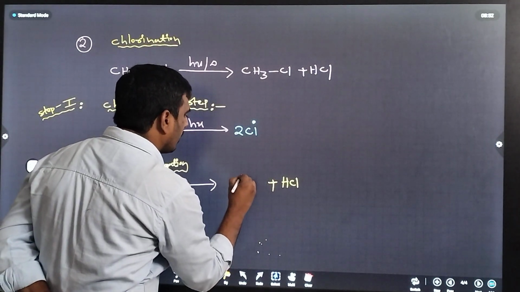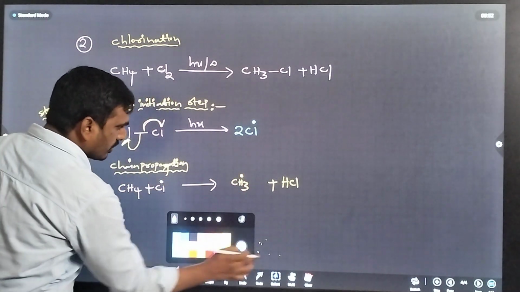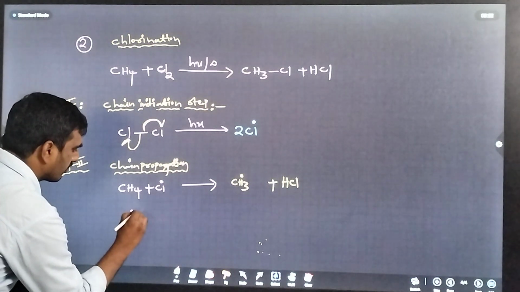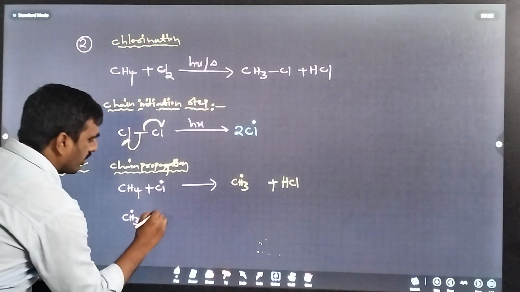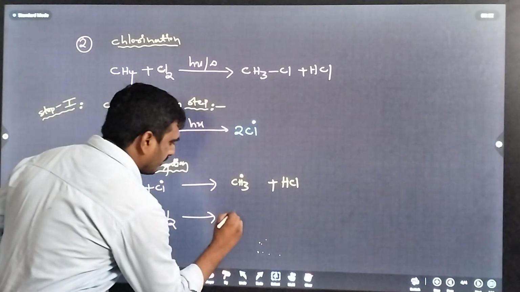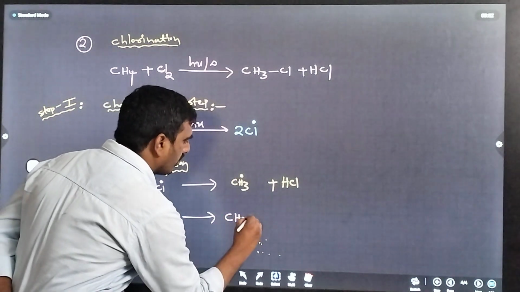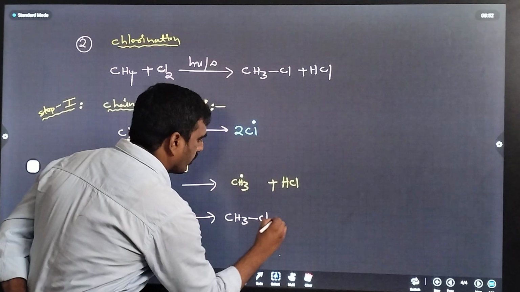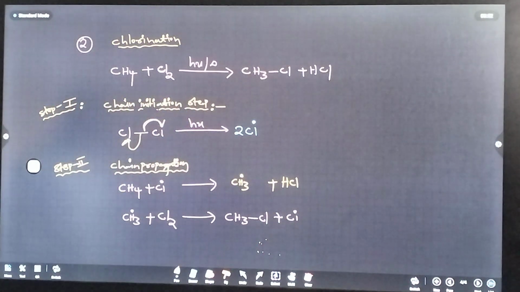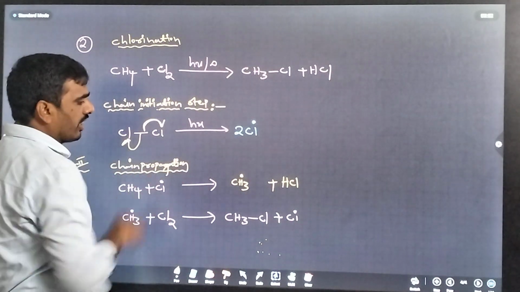Again, this methyl radical reacts with Cl2 molecules to produce methyl chloride and Cl radical. Again this Cl radical reacts with the methane to produce methyl radical.